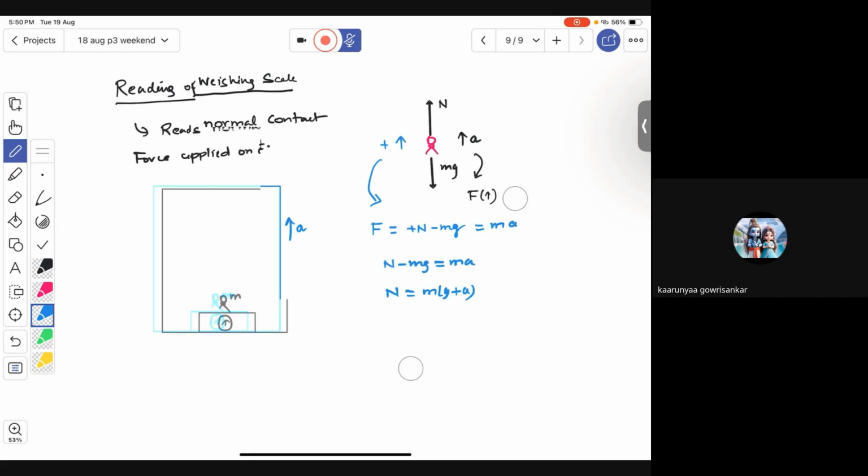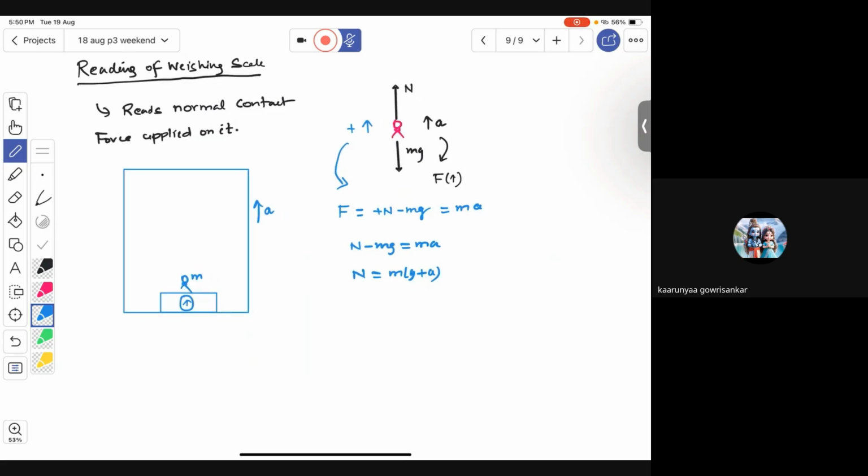Now, sometimes if you see some particular kind of question, maybe I'll explain that through an example. Suppose I give you mass as 10 kg, g as 10 meters per second squared, and the acceleration a as 2 meters per second squared.